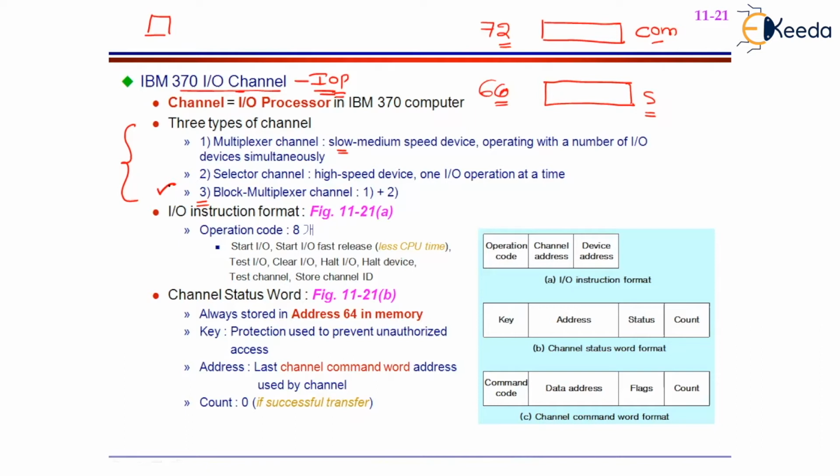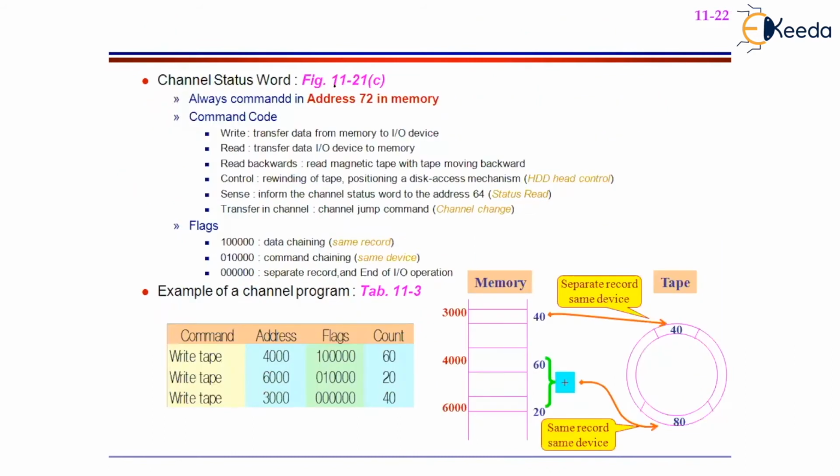Now, let us understand the IO instruction format used by this IO processor. Let us take the help of our old instruction format, which is used in the CPU that we have designed. The total size of the instruction is 16 bits, in which we have a mode bit, which is the most significant 15th bit. The next 3 bits are for the opcode field.